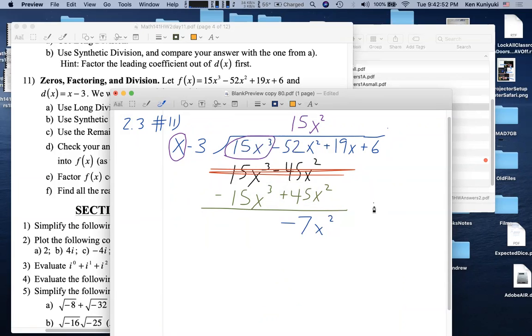Okay, we're not done yet. When I say combining like terms, don't forget to bring down these 2 terms over here. We also have the plus 19x and the plus 6.